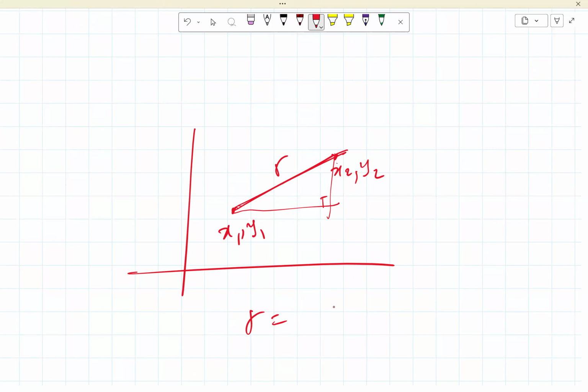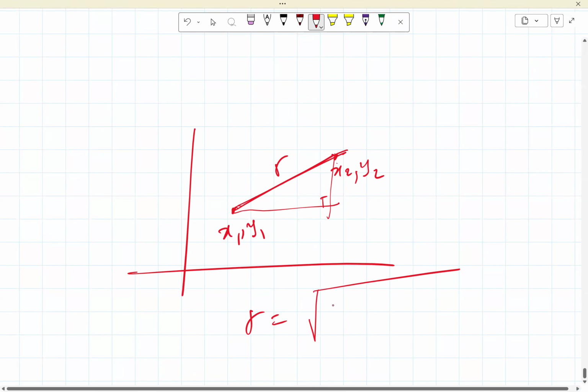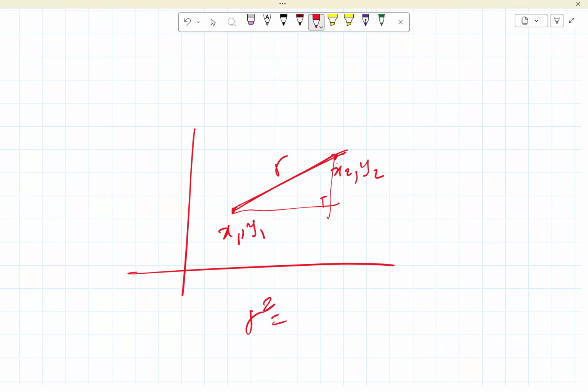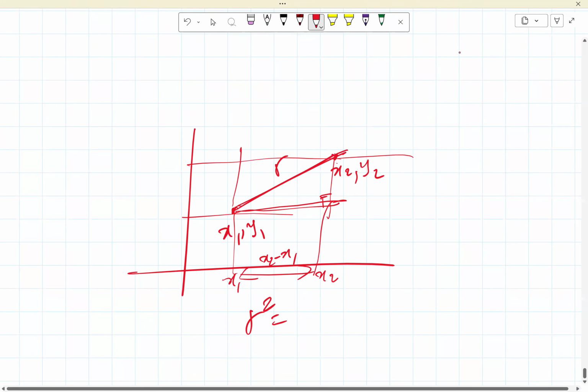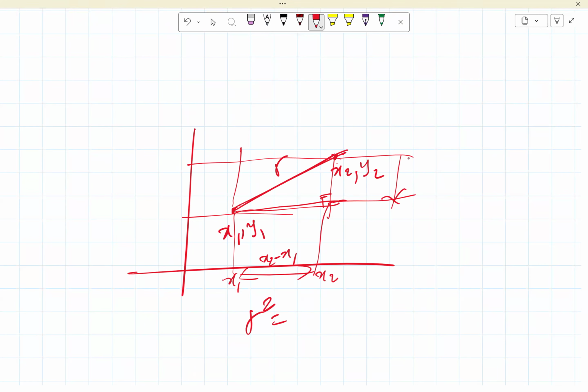Then r squared, the hypotenuse, is equal to the sum of the squares of the other two sides. This side along the x-axis is x2 minus x1, and this other side is y2 minus y1.